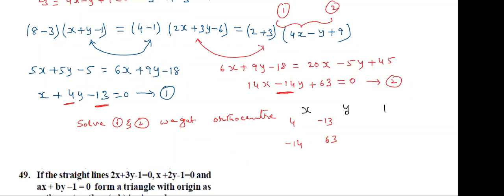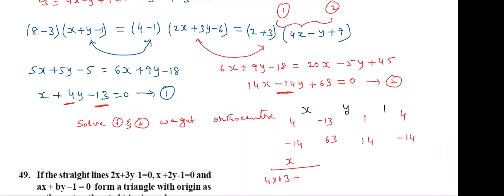Next x coordinates: 1, here 14. 4 minus 40. Okay. X divided by 4 into 63 plus 13 into minus 13 into minus 14, that is plus.